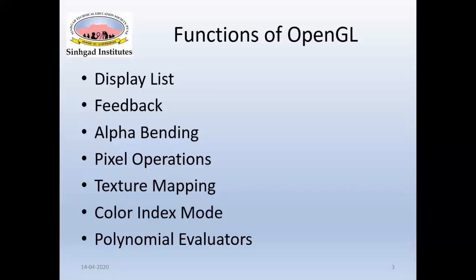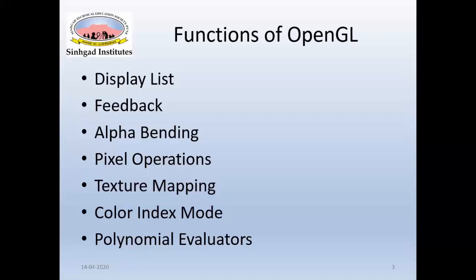Then after this, we are having functions and features of OpenGL. Question can be asked, what are the different functions and features of OpenGL? So let's first start with the functions of OpenGL. There are many functions provided by OpenGL for graphics system.